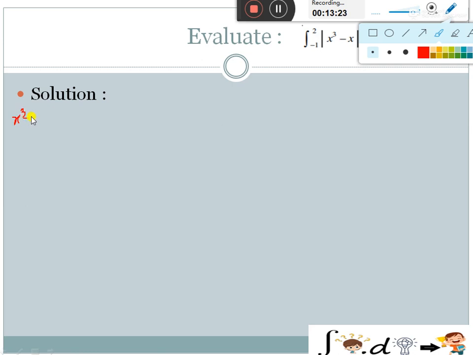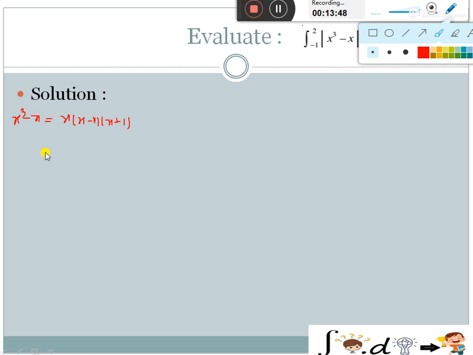First of all, we have to write it in factor form, that means x into x minus 1 into x plus 1. Zeros of the polynomial, that means the values which make the function equal to 0.